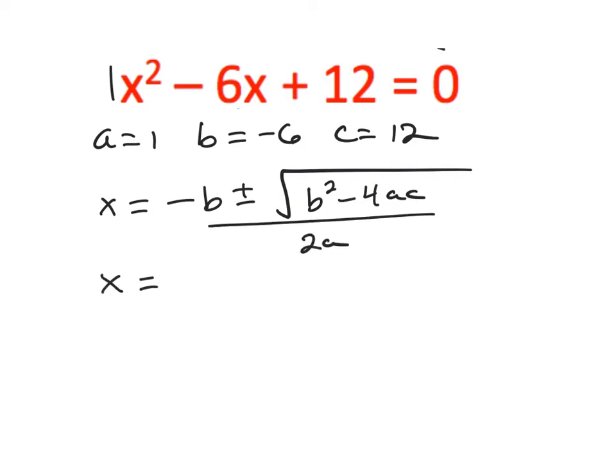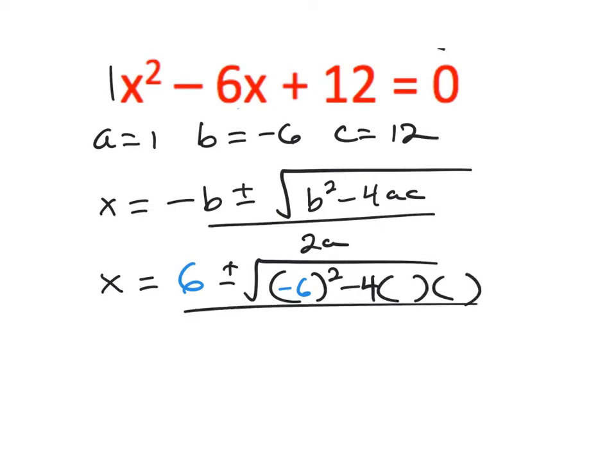And if I plug in what I know, opposite of negative 6 is going to be positive 6 plus or minus the square root. We have to put b squared in there, which is negative 6 in parentheses squared, minus 4 times my a times my c, which a and c end up being 1 and 12 here, and 2a on the bottom would be 2 times 1.